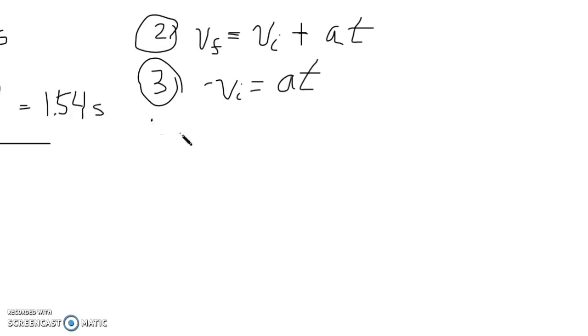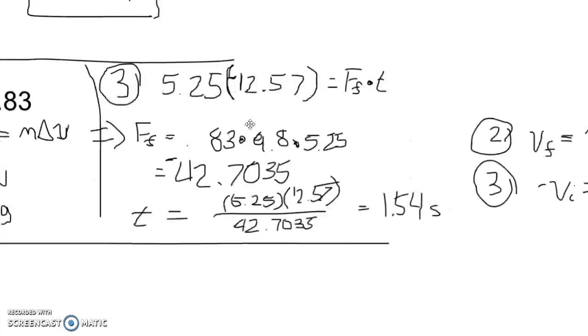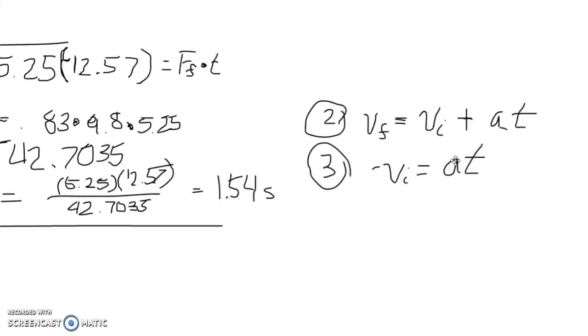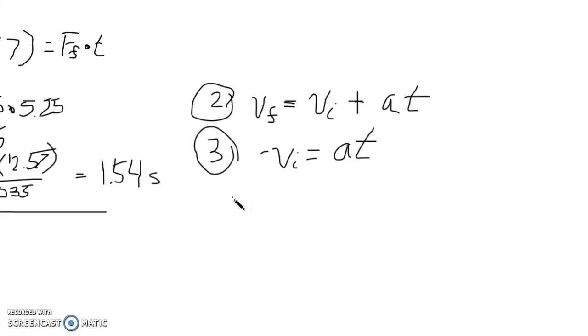Okay, so then we know the initial velocity was negative 12.57, and let's just solve for acceleration right now. Okay, out of time.